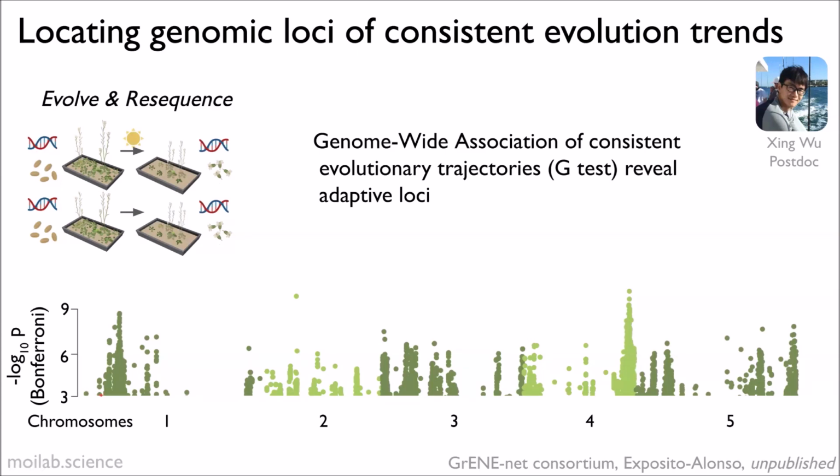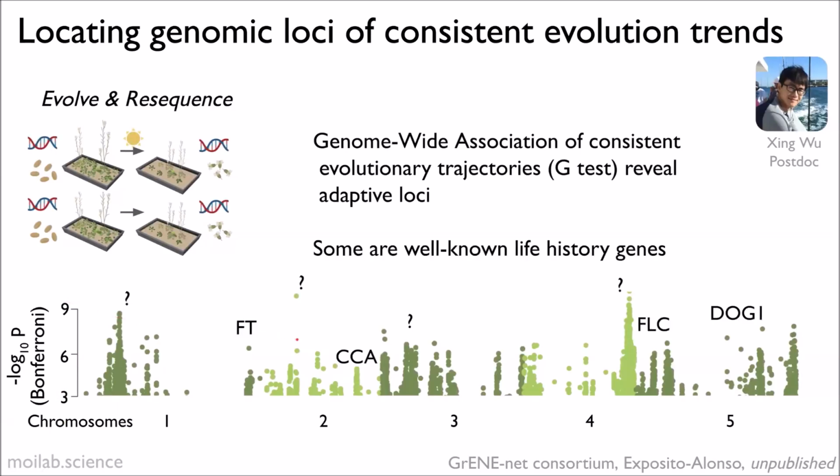And this, you can think of it as an extremely powerful bulk segregant analysis, right? Because we have 5,000 starting individuals in each of the replicates, and we pool information across replicates. So these p-values are very high, and they're Bonferroni corrected already.